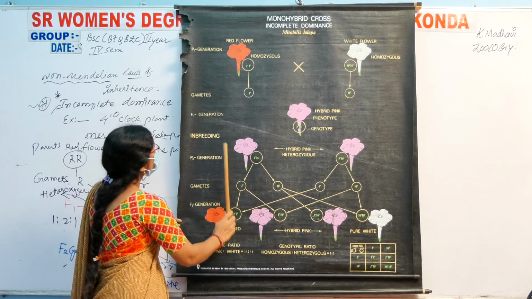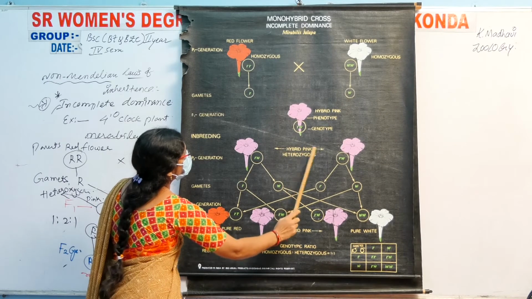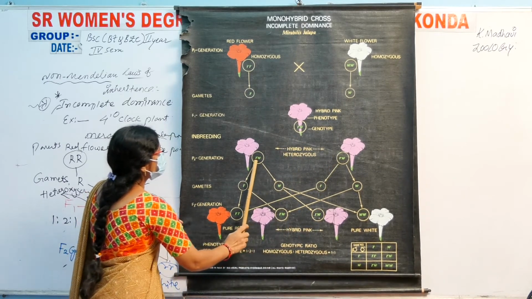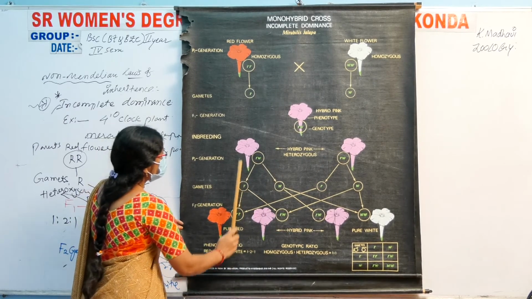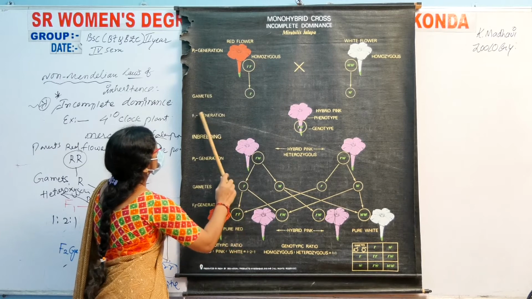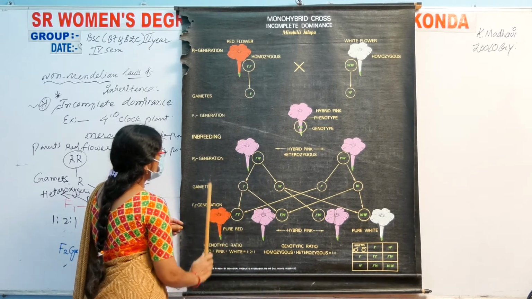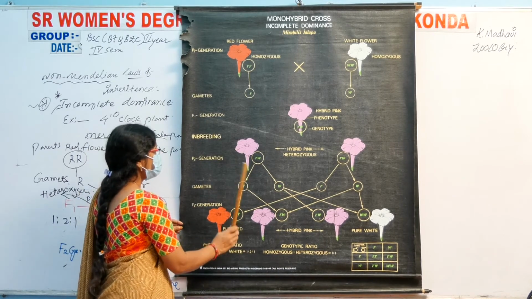In breeding of these F1 generation, both hybrid pink, heterozygous conditions, these are the genotypes. These genotypes can produce the gametes. These are F1 generation. In the F1 generation, they can produce gametes for the purpose of the F2 generation. That's why these are the parents too.